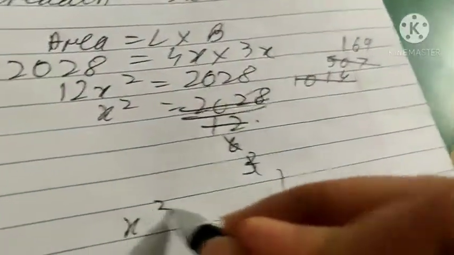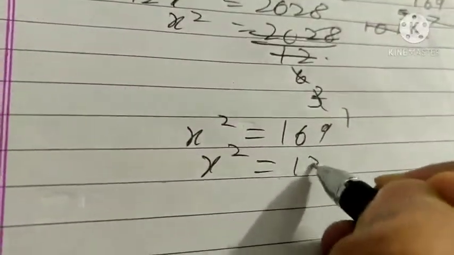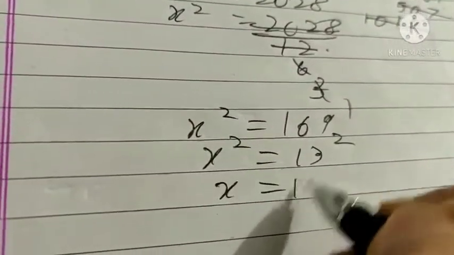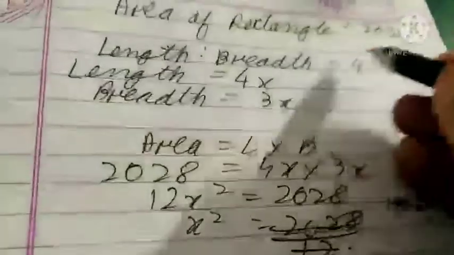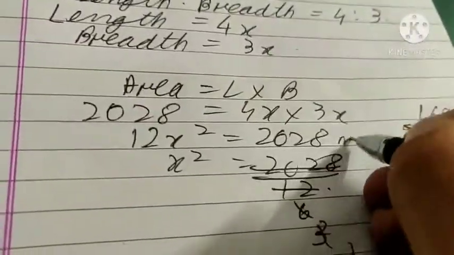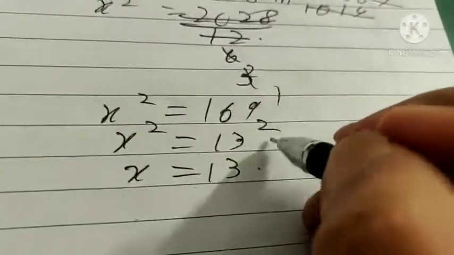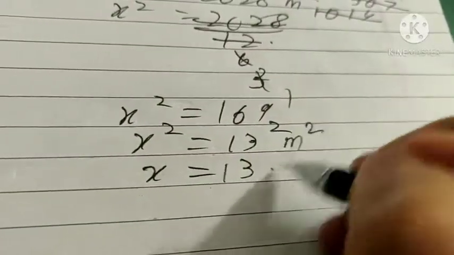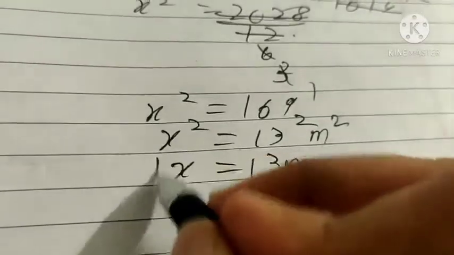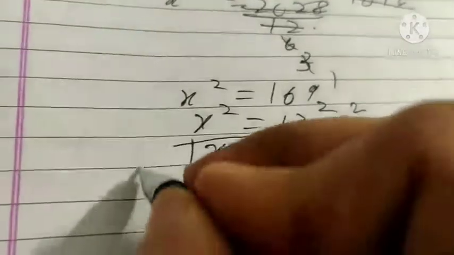So x square is equal to 169, that is 13 square. So x is 13 meters.